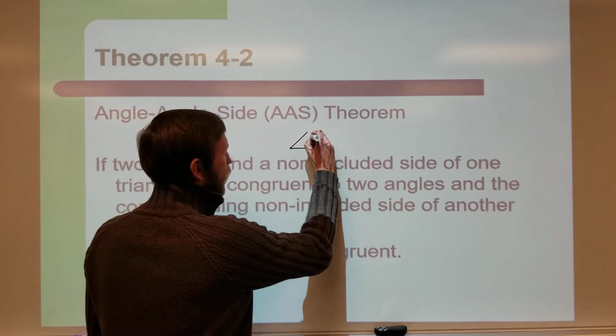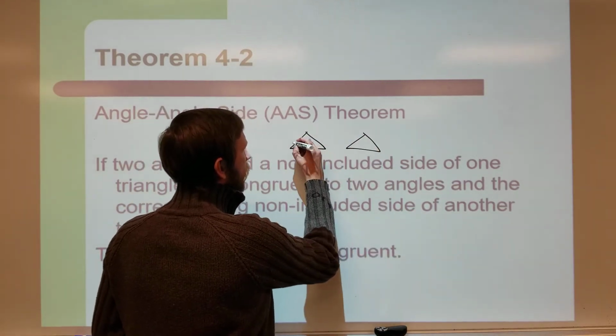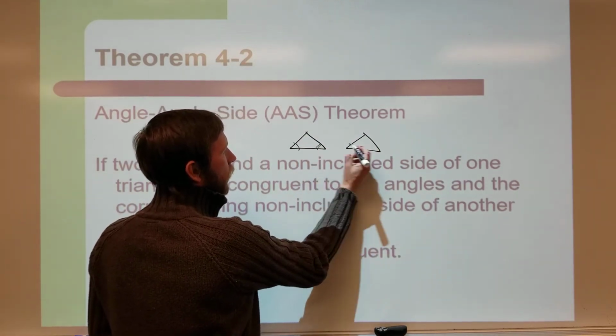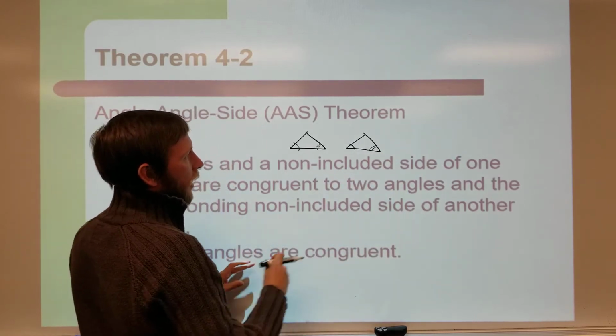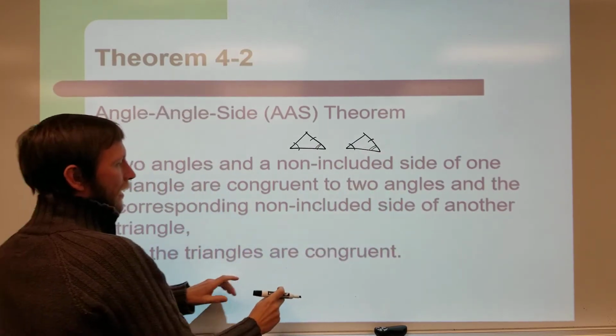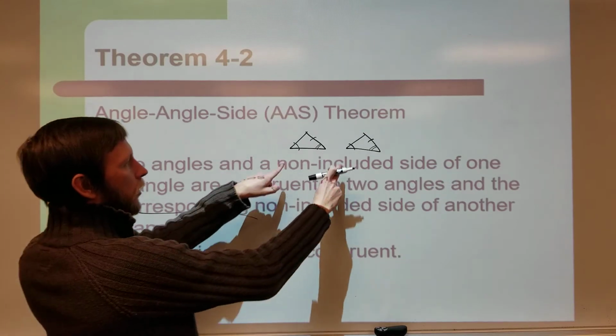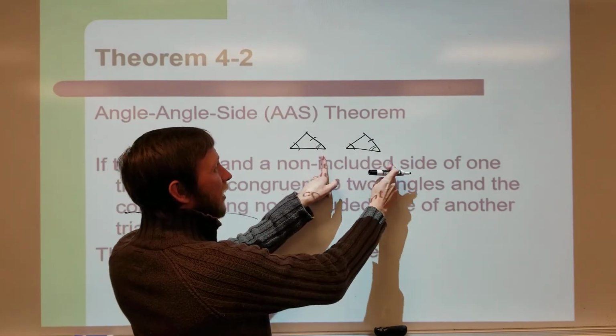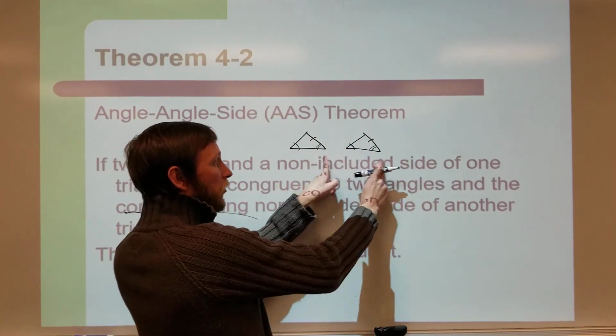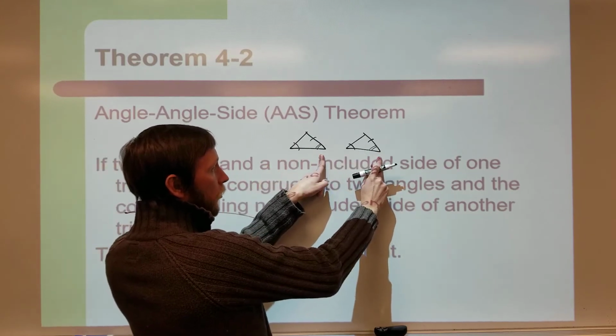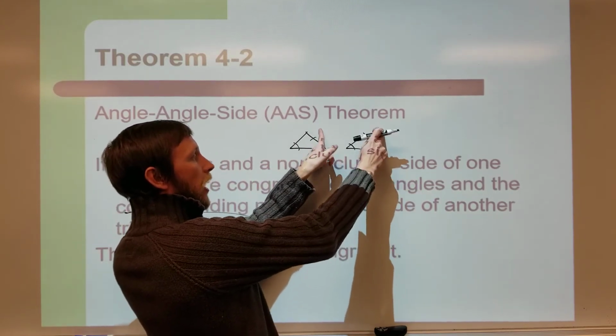All right? Let me explain that a little bit more clearly. If I've got these two triangles, and I've got a pair of angles, and then I've got the corresponding non-included side, this is important right here. Angle, angle, and then the next side that comes in that order. This is angle 1, angle 2, and then this is the side.